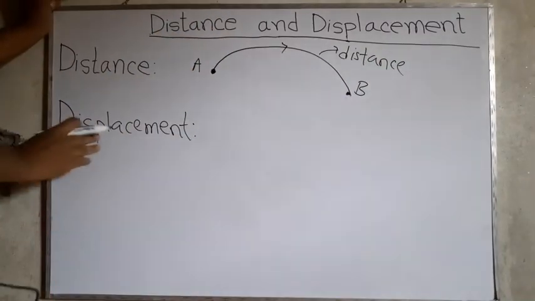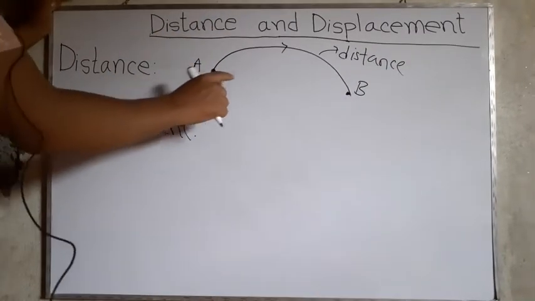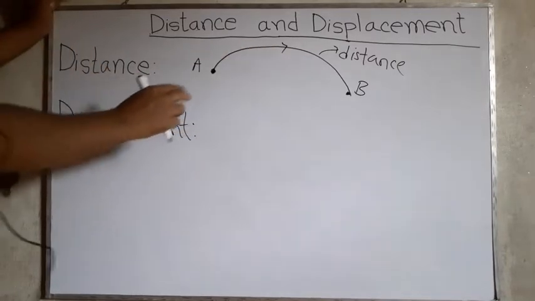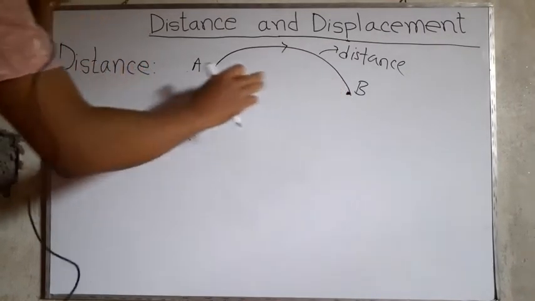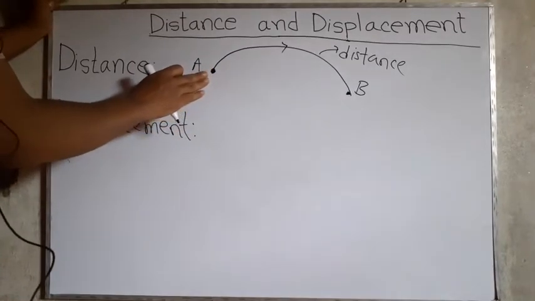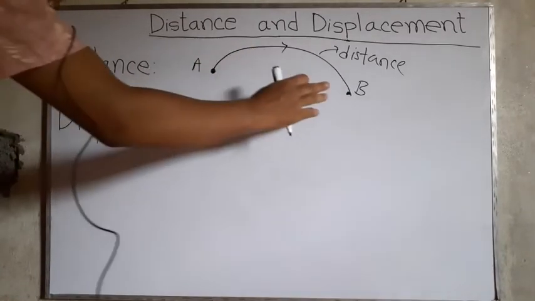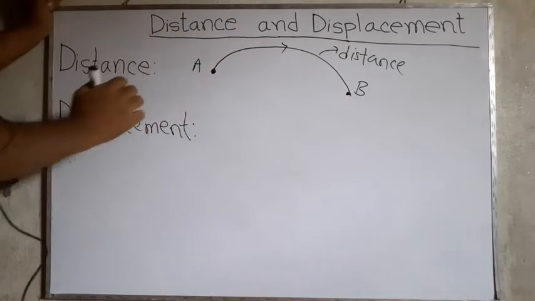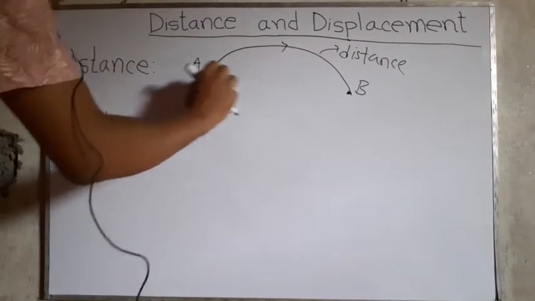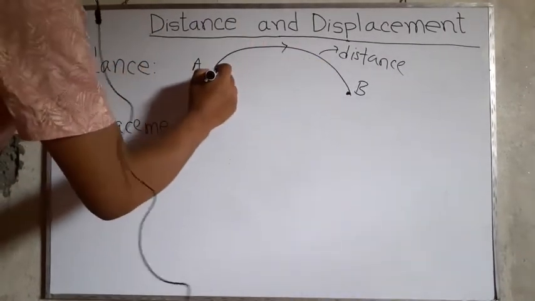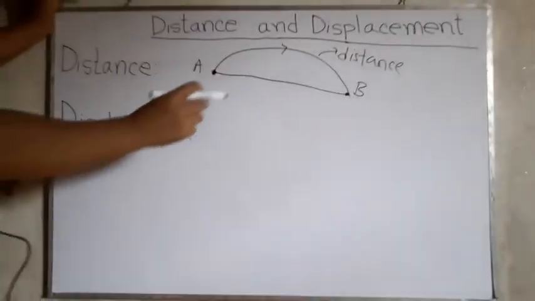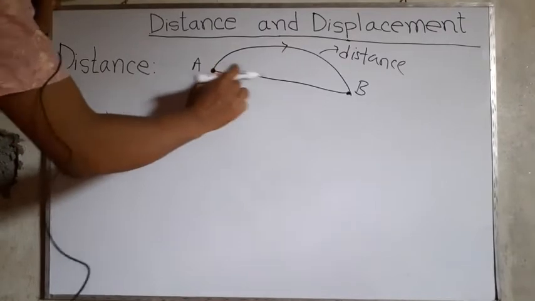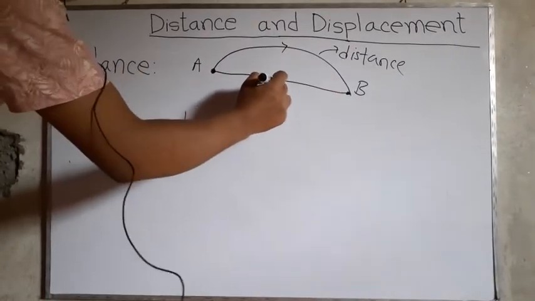But displacement is the minimum direct distance from this initial position to this final position. Here initial position, that is starting position, is A and final position is B. Therefore, the direct distance from A to B is this, and the length of this direct distance is the displacement.